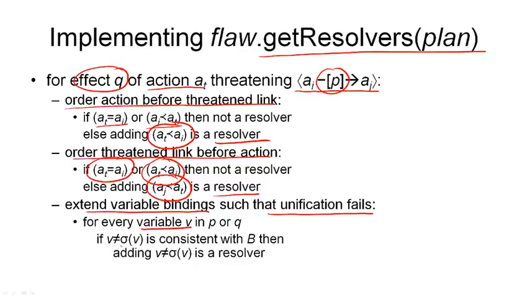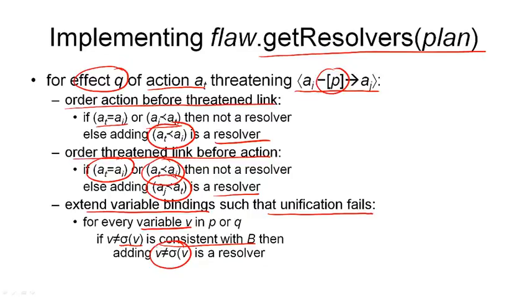So if we computed earlier our substitution of V must be a specific value, sigma of V, then asserting that our variable V must not have this value is of course a potential resolver, but it is only a resolver if this is consistent with the variable bindings currently in our partial plan. If it is consistent, then this is a resolver.